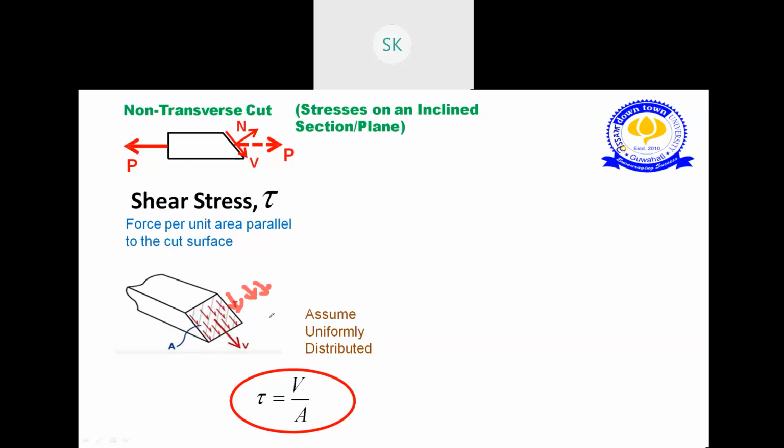We have cut the section in this direction only, and all the forces are in this direction. So the shear force divided by the area of this section will give you shear stress. Also, we are assuming that this force is uniformly distributed over the whole section.